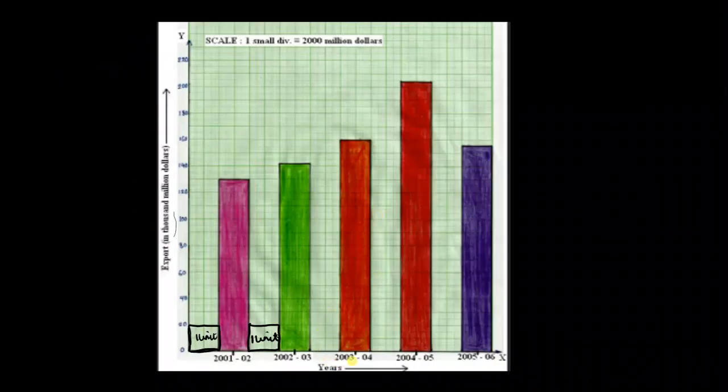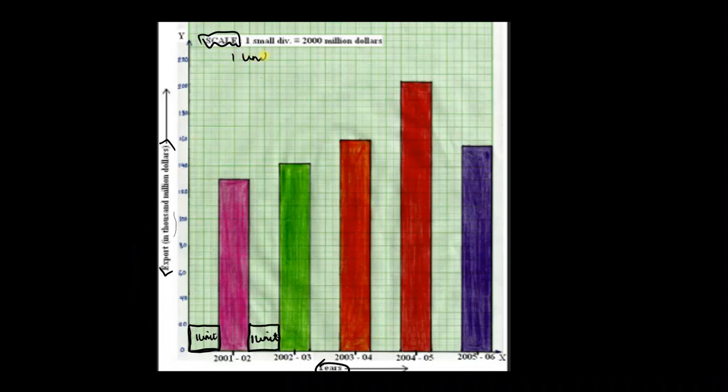Always while drawing bar graphs you need to mention what the x-axis is depicting. Here it is depicting the number of years, that you must write. On the y-axis, what the values are depicting, that also you must write. And on top you must always write your scale. Very important, you need to always write the scale.